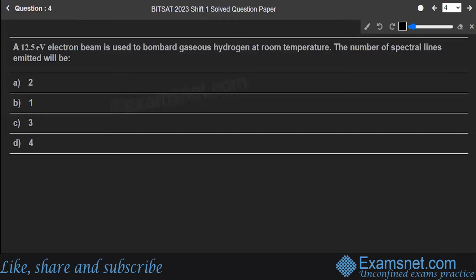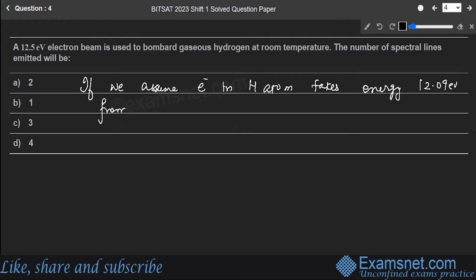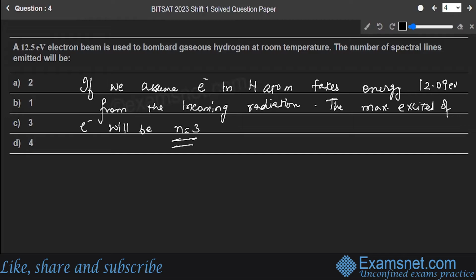Okay, see, if we assume the electron in the hydrogen atom takes energy equal to 12.09 electron volt from the incoming radiation, the maximum excited state of the electron will be 3, n is equal to 3.